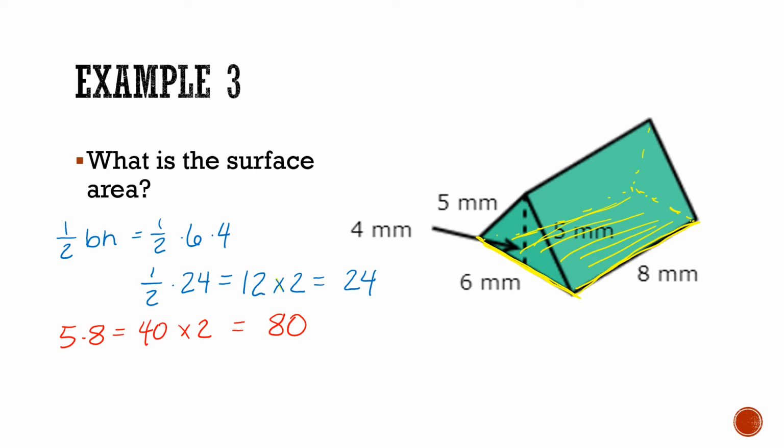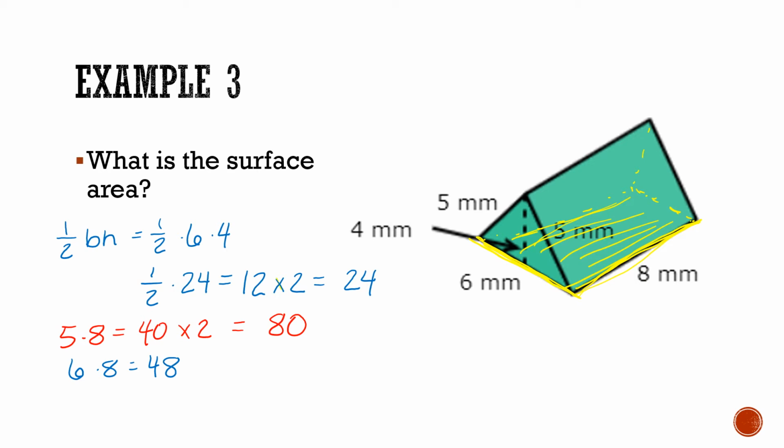So we can see that it is 6 by 8. So 6 times 8 is 48. And there is just one of those. So we would not need to multiply it by 2 because that base is the only rectangle in here that's that size. So now you're ready to add up your dimensions.